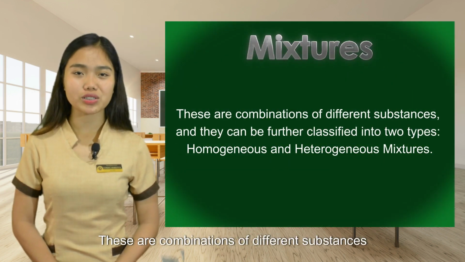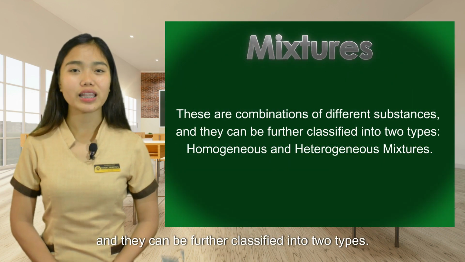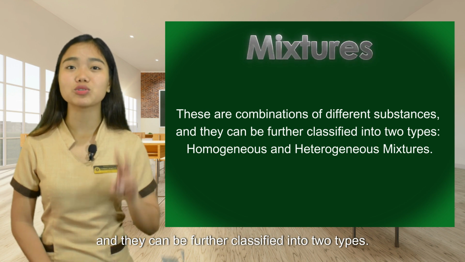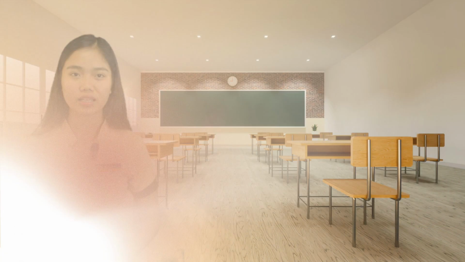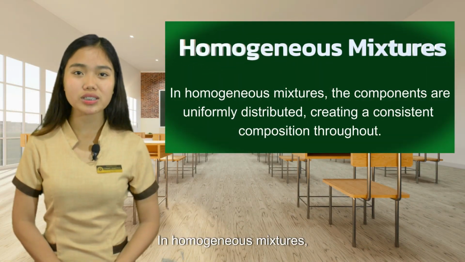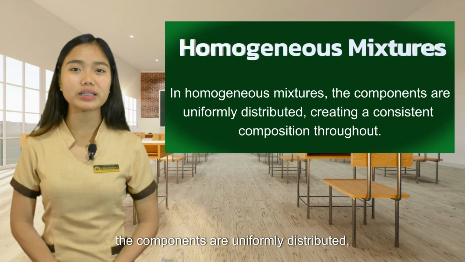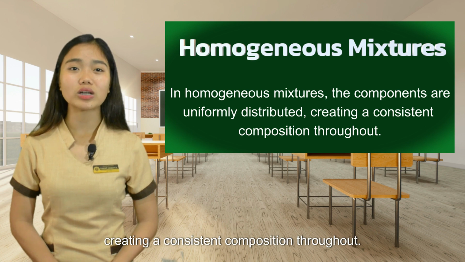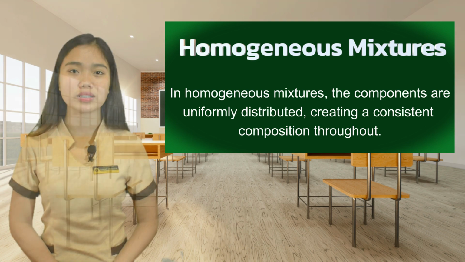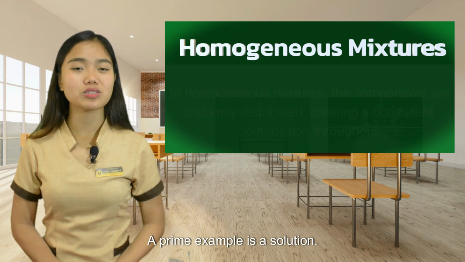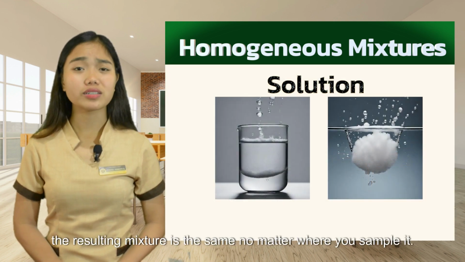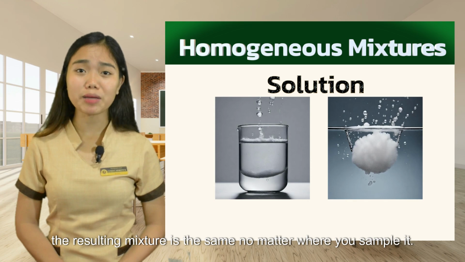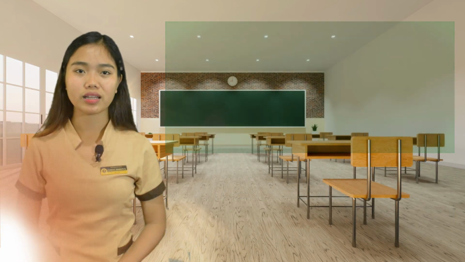These are combinations of different substances, and they can be further classified into two types: homogeneous and heterogeneous mixtures. In homogeneous mixtures, the components are uniformly distributed, creating a consistent composition throughout. A prime example is a solution. Imagine dissolving salt in water. The resulting mixture is the same no matter where you sample it.